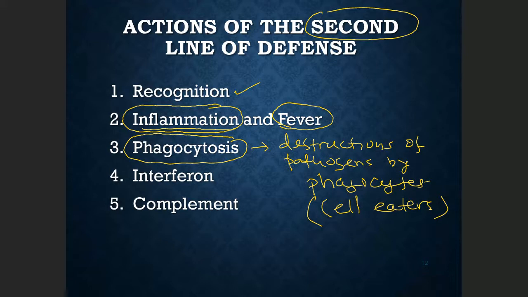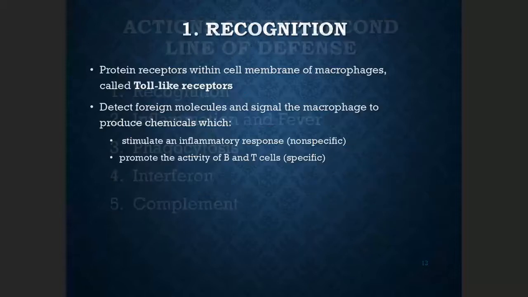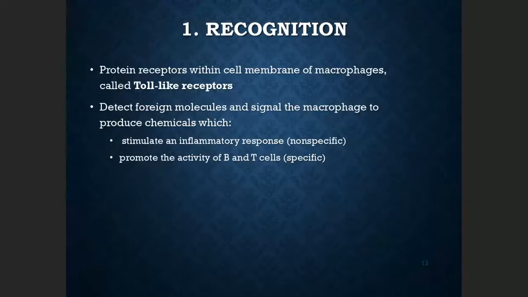Usually the infected cell will produce interferon that gives warning to the healthy cells. Our cells will also produce what we call the complement system that will destroy the pathogen. And we'll see the processes one by one.